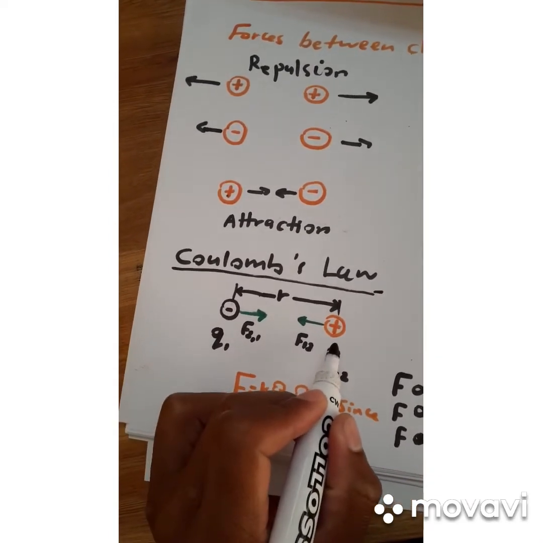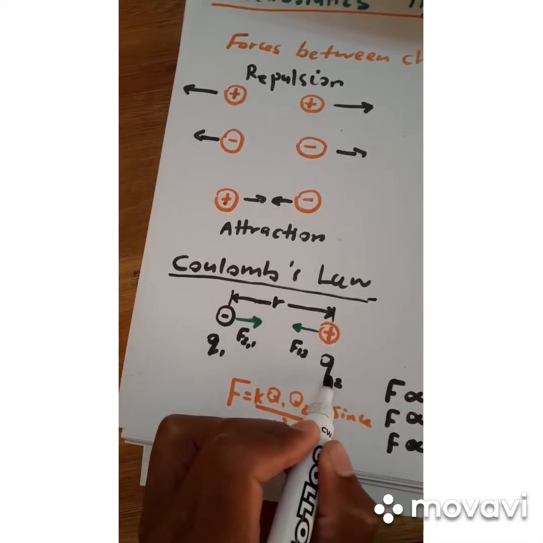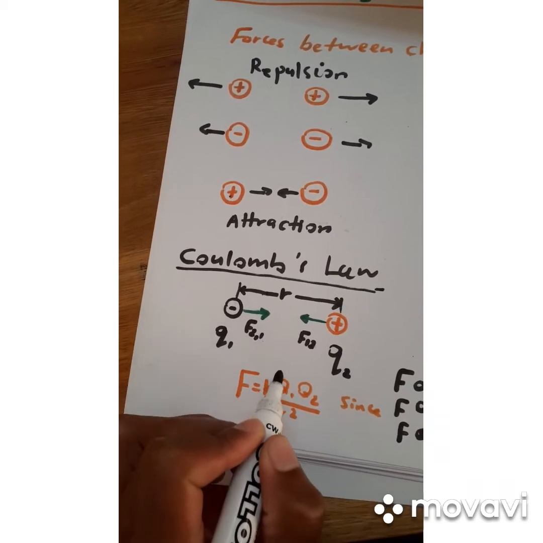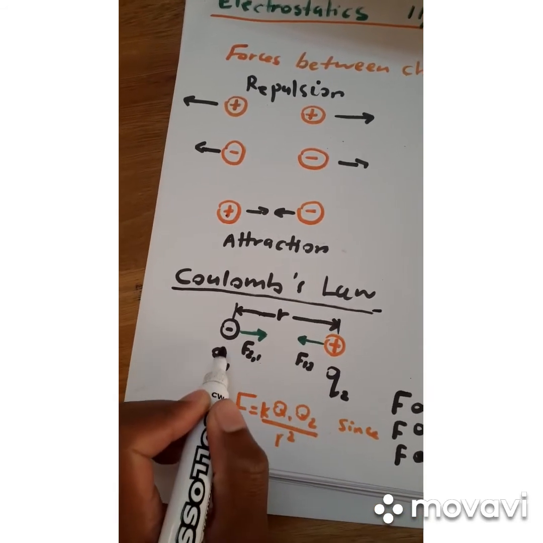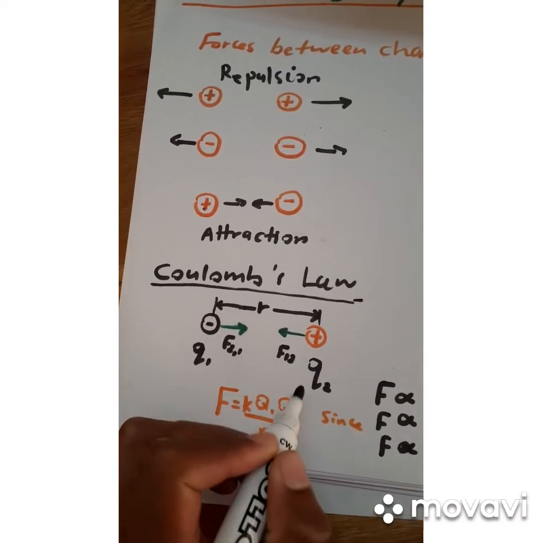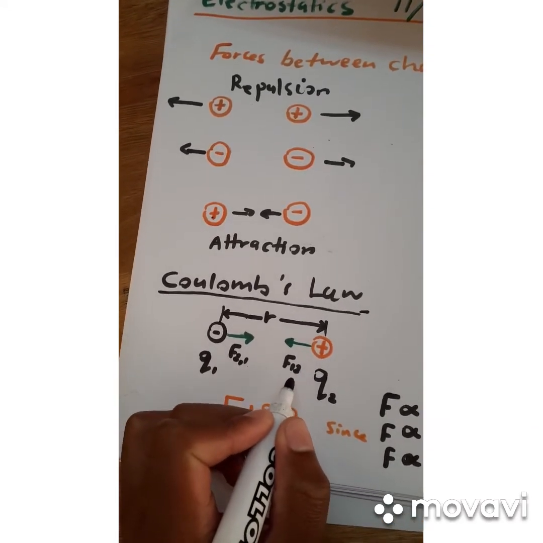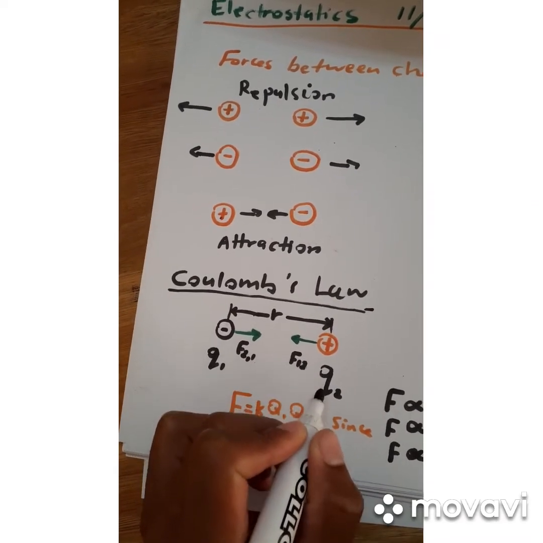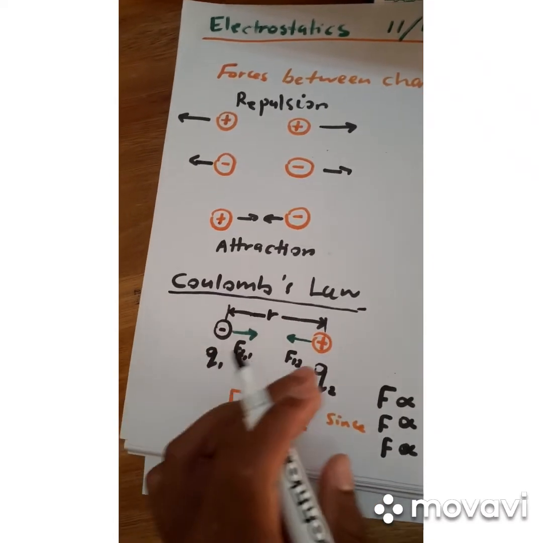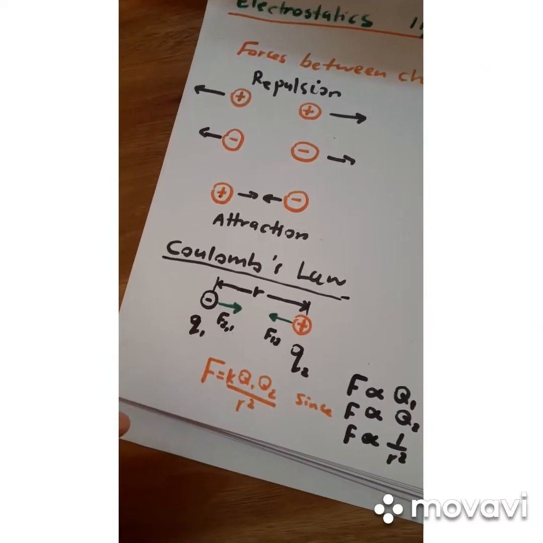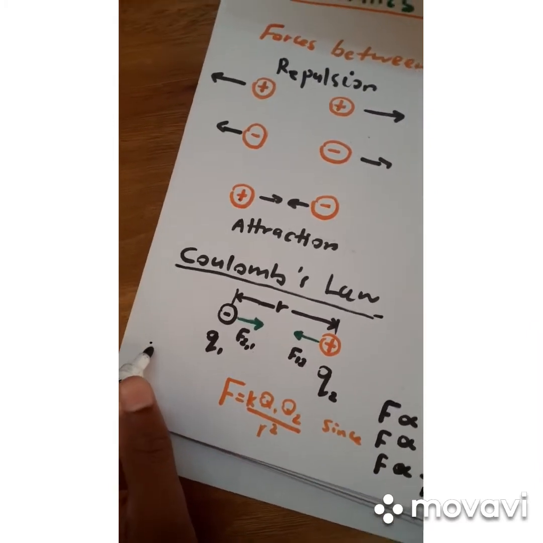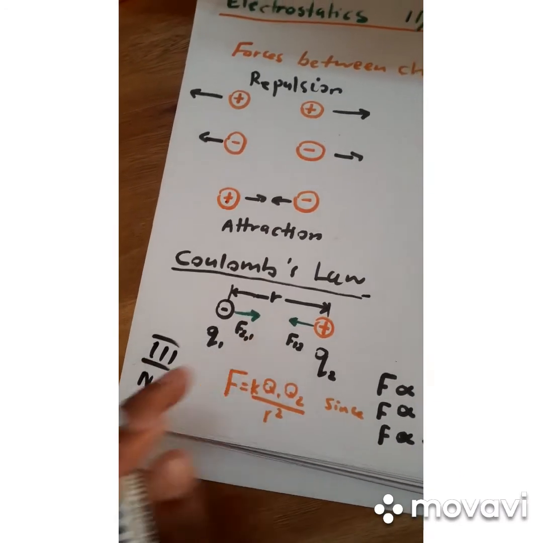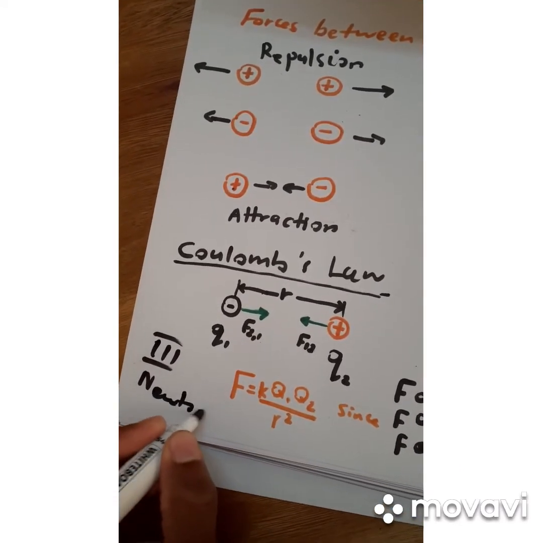You are going to see that charge 2 will pull charge 1 by the force F21. And then charge 1 will apply the very same force, but now will pull charge 2 by F12. Now, which means that this is where now we can say Newton's third law is applicable. Newton's third law applies here.